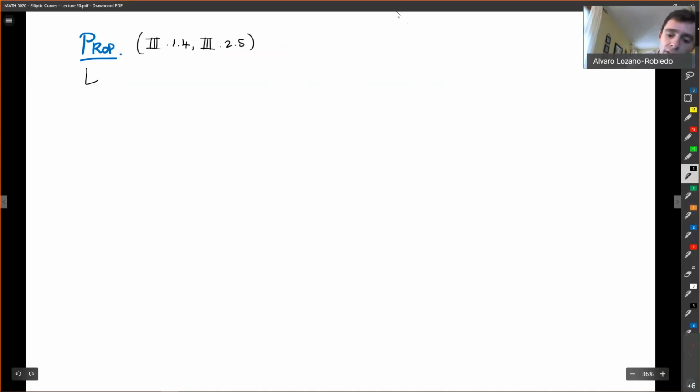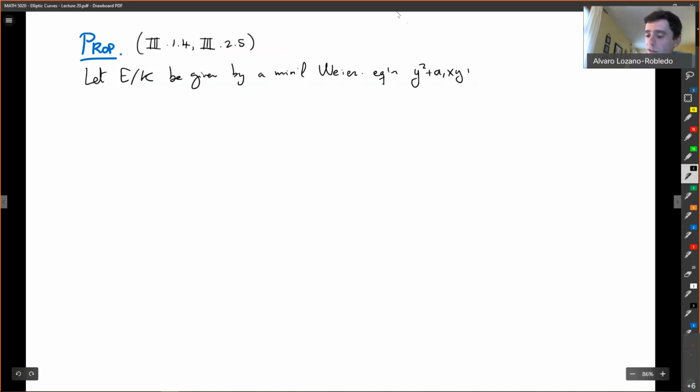Let E over K be given by a minimal Weierstrass equation y squared plus a1xy plus the dot equals x cubed plus the dot, and let delta E be the minimal discriminant, and C4 of E be as usual.